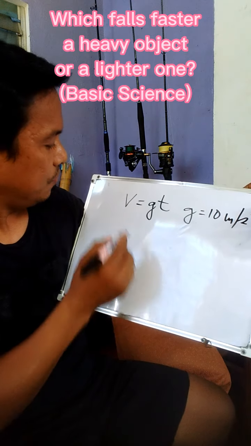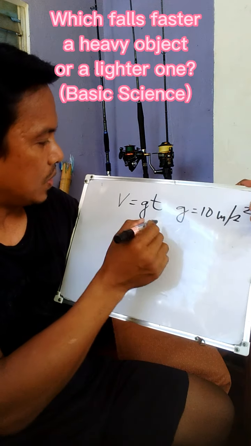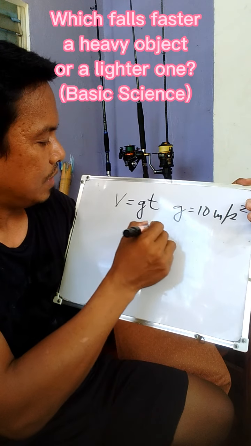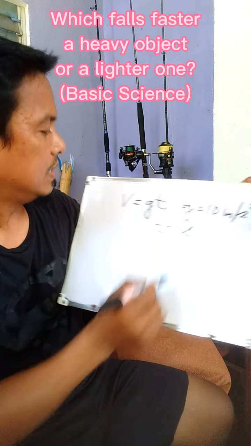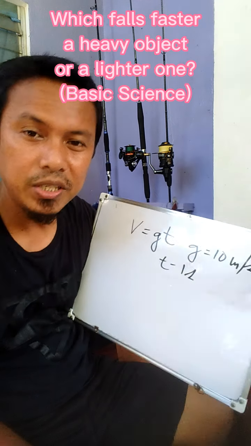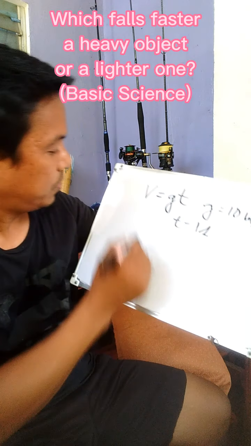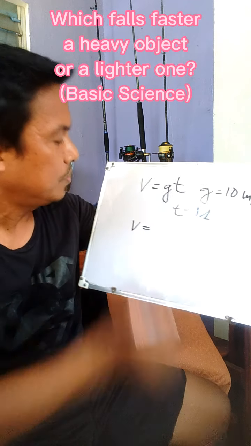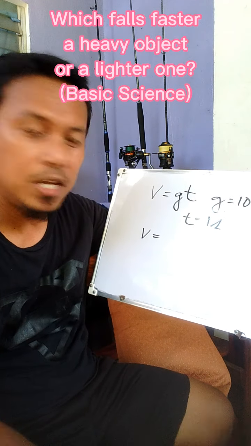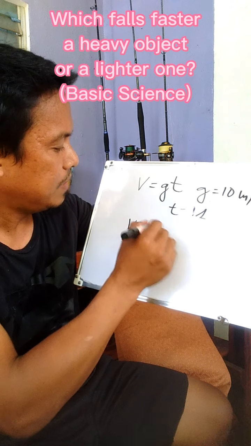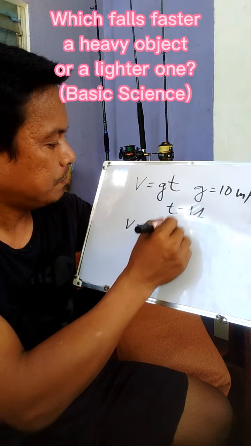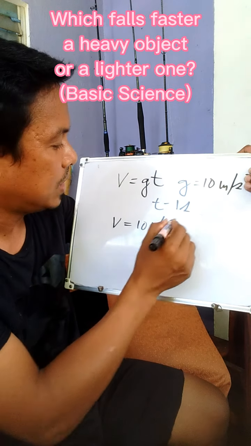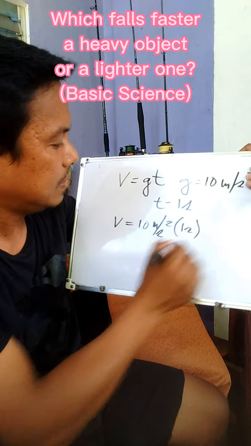Now after 1 second, for example, you have time equals 1 second. Both the lure and the piece of cloth will achieve an instantaneous velocity of, let us substitute the value of g, 10 meters per second squared, times the time, 1 second.